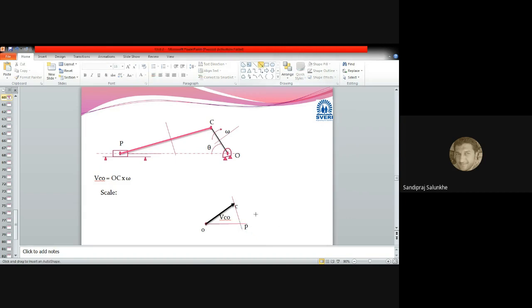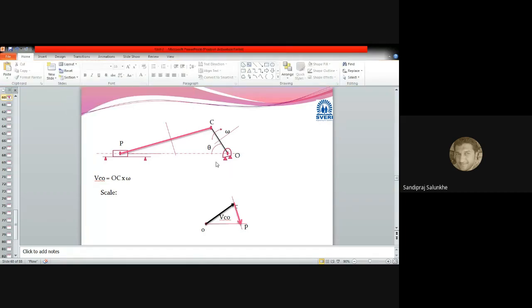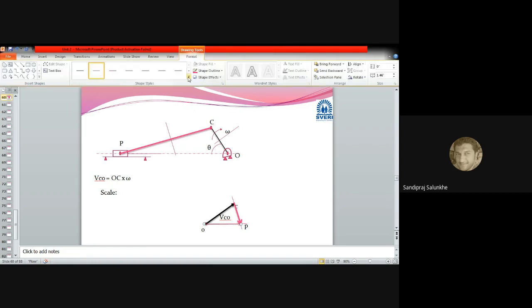So vector CP indicates the velocity of P with respect to C. And vector OP will indicate the velocity of point P with respect to O. Am I right?